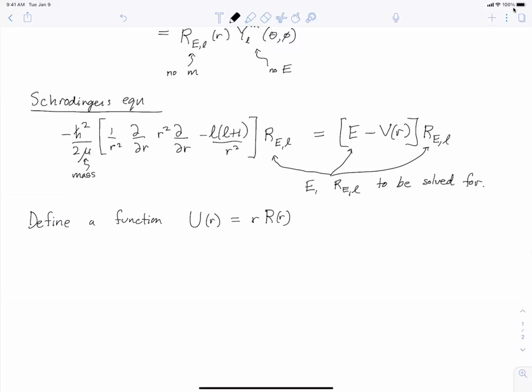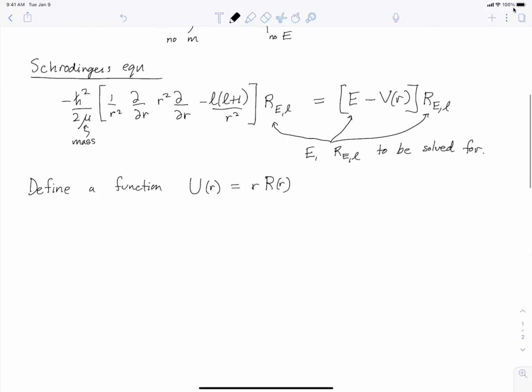And we know these things depend on e and l. Okay, so we've defined this new function. Why is that a useful thing to do? To answer that question, let's compute its second derivative with respect to r.